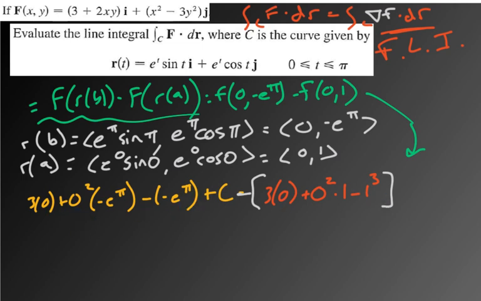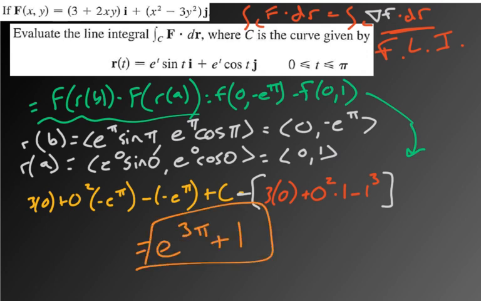So this is just using lowercase f, plugging in 0, minus e to the pi, and this is my f of 0, 1. And so you crank that all out, and you should get e to the 3 pi plus 1. That's it.